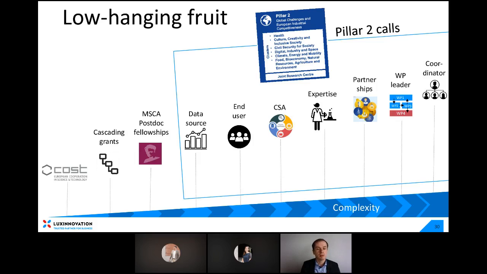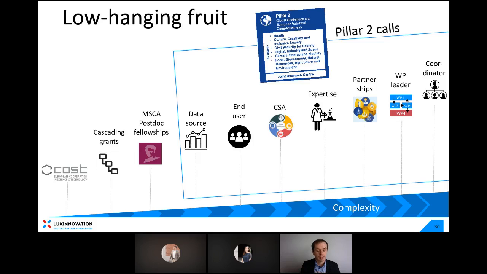And then in the blue box, there's basically mostly the Pillar 2 calls, so the so-called top-down calls that you might be familiar with, addressing a very particular issue in a very particular field with a text that's provided that was shown by Stefano before. And even there, you can have various roles, just providing some access to some data or end users.